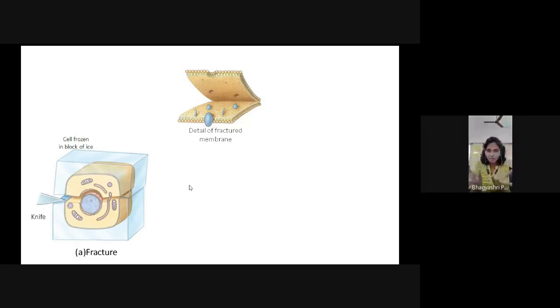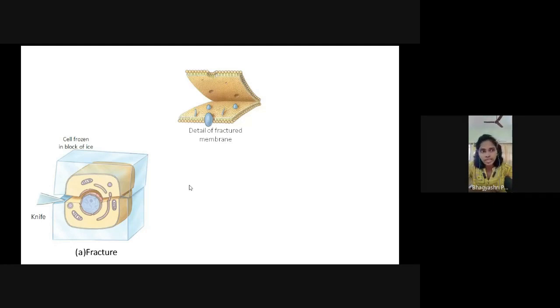You are going to open that block in such a way that the organelles inside the cell will get exposed on the surface, like it is shown in the second picture of the slide. Details of the fractured membrane. So you are cutting open the membrane basically, and that is how the organelles will get exposed on the surface.